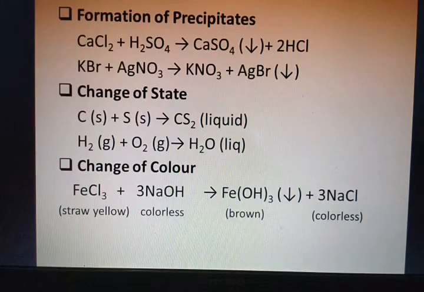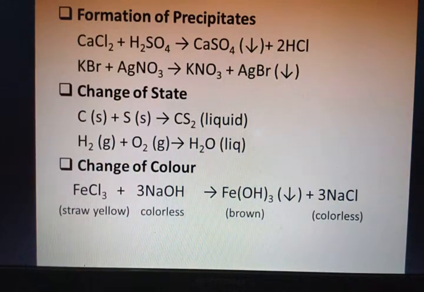Coming to the next, change of color. Another important characteristic of a chemical reaction. Before the reaction and after the reaction, there will be a visual, prominent and distinct color change occurring in the solution.